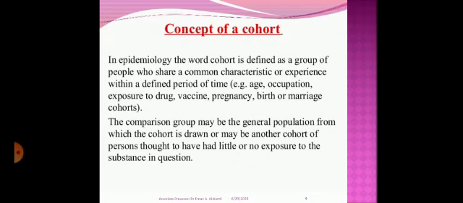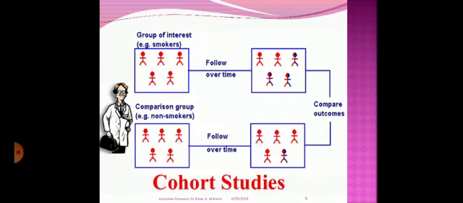And we compare them with a group of people, the control, who have no exposure. They differ from the cohort group in that they have no exposure to the certain risk factor. So we have two groups.